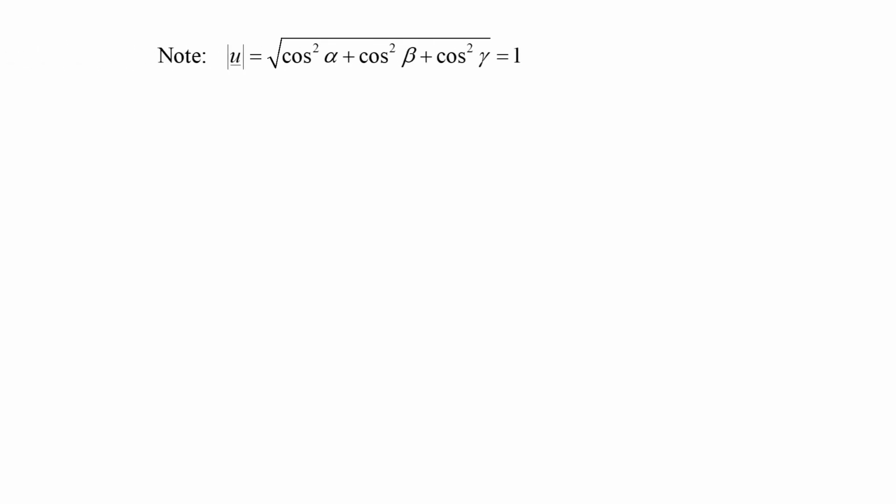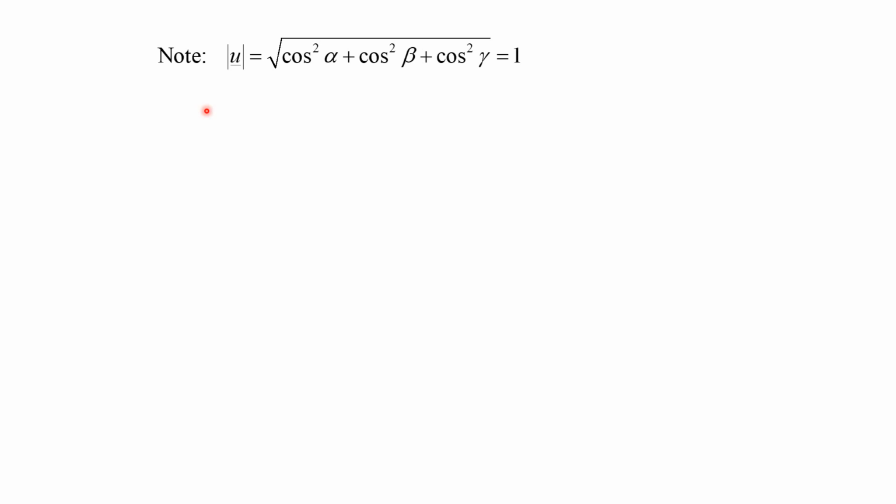You also have to take note that your vector u, the unit vector just now, obviously has a magnitude of 1. And how do you calculate the magnitude? Each component is squared: cos alpha, cos beta, cos gamma squared, that is u1, u2, u3 squared, and then added up, and you find the square root of it.